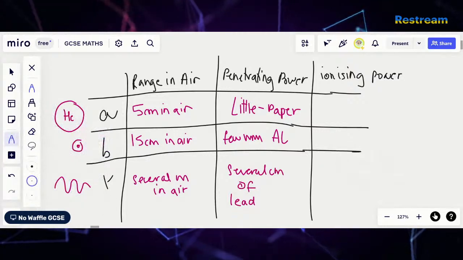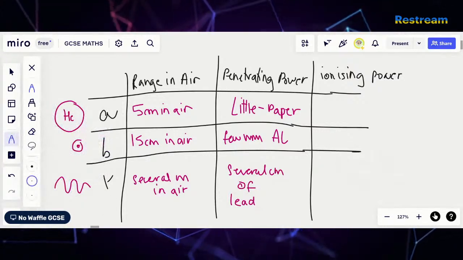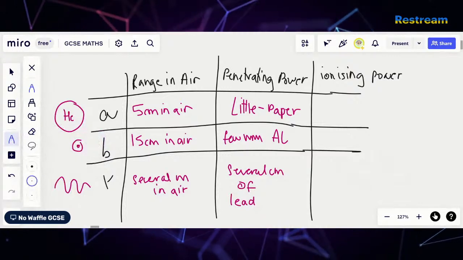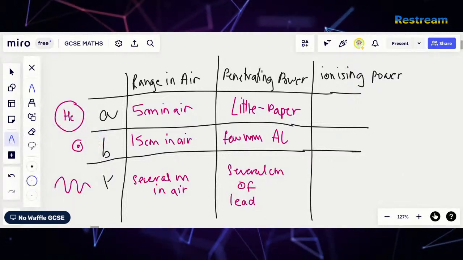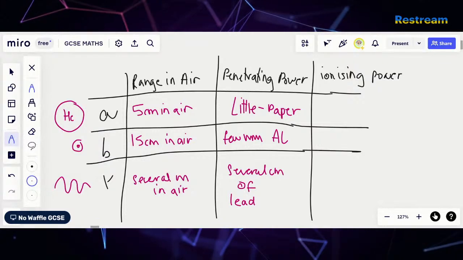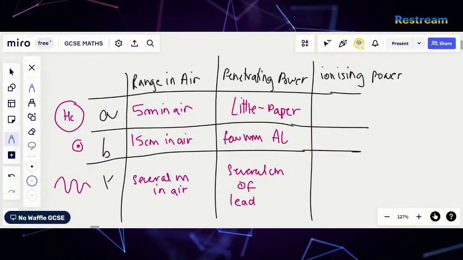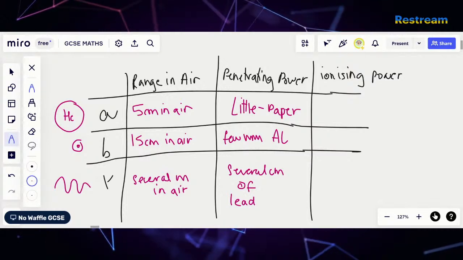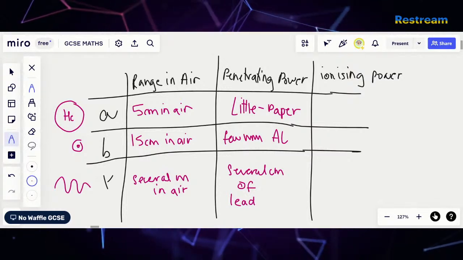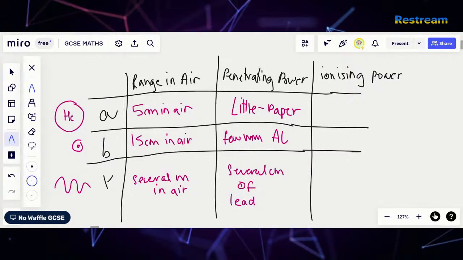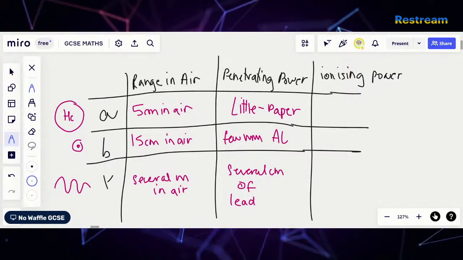So in terms of range in air, gamma has the highest range in air, alpha has the lowest. In terms of penetrating power, gamma has the highest penetrating power, alpha has the smallest. But in ionizing power, it now flips. Ionizing is how likely it is to knock off electrons.